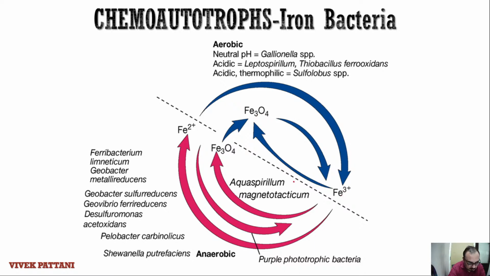At the same time, Fe3+ can also be converted into Fe3O4 under anaerobic conditions. At neutral pH, Gallionella species is involved. At acidic pH, Leptospirillum and Thiobacillus ferrooxidans are involved. In acidic and thermophilic conditions, Sulfolobus is involved, which is a thermophile.